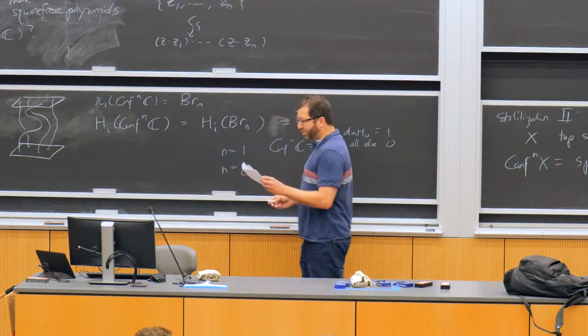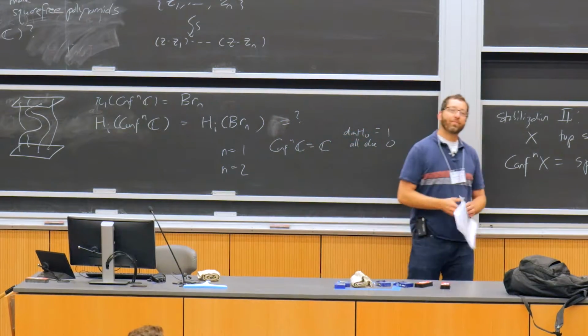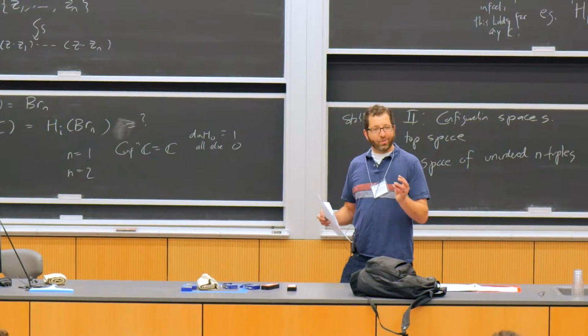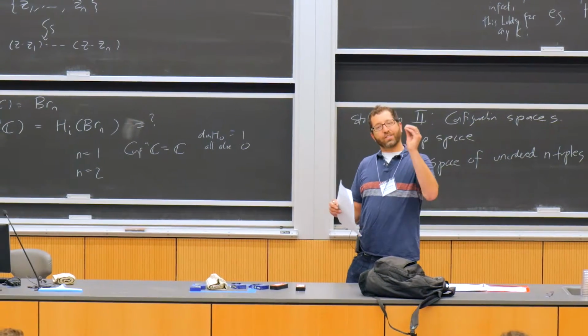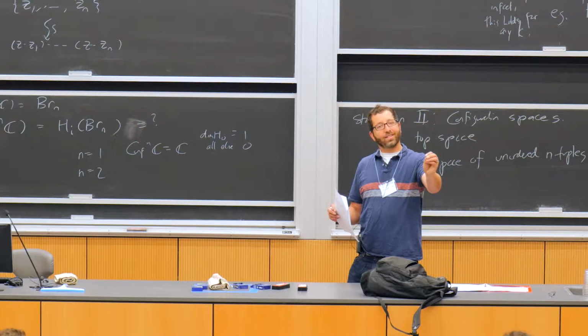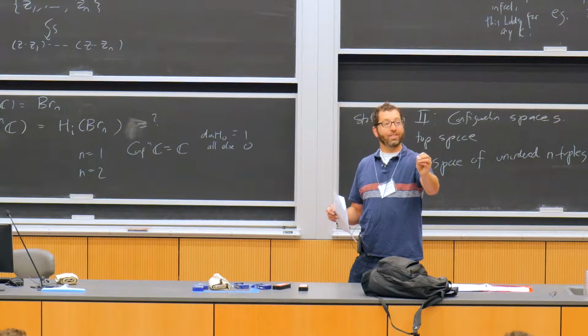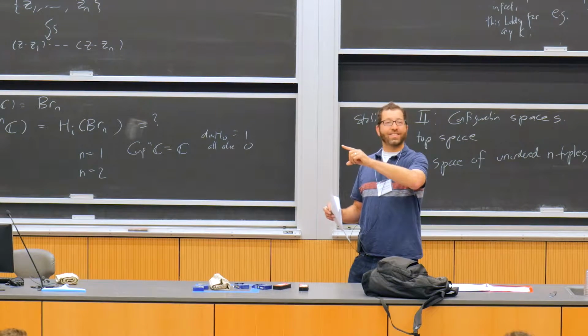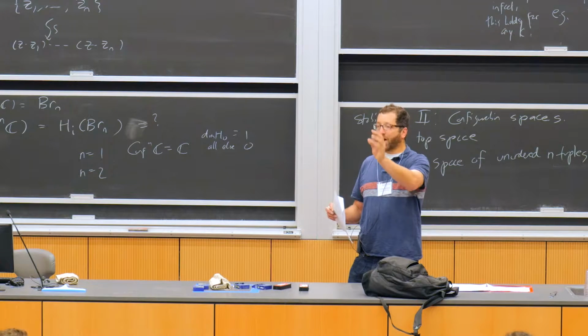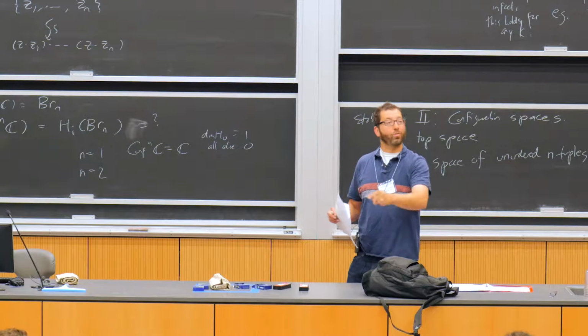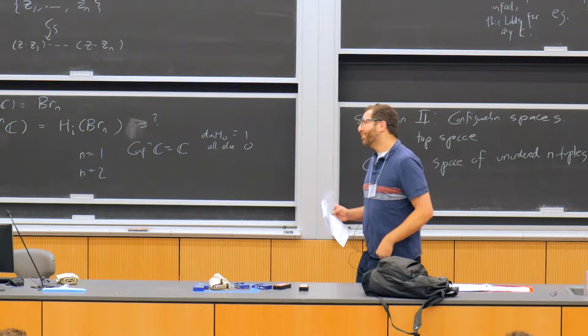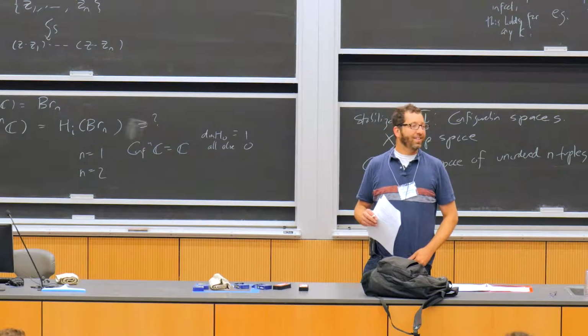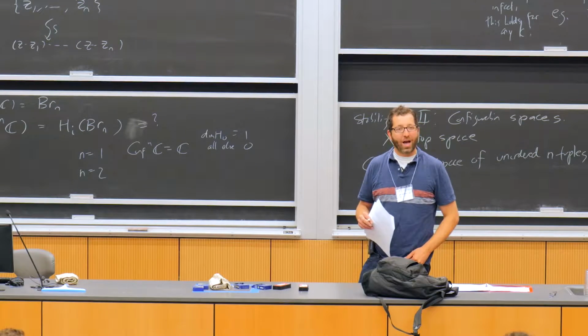What about n equals 2? Well, let's think what's going on. I fix the first point. That's a contractible choice, right? It can be anywhere in C. The second point can be anywhere in C except that first point. So it has a punctured complex plane, which is to say a circle of places that it can be. Now I sort of cheated because this is supposed to be unordered, so I have to mod out by something.